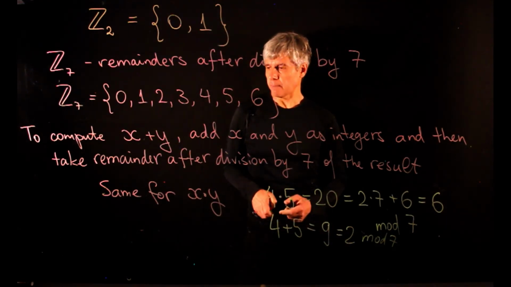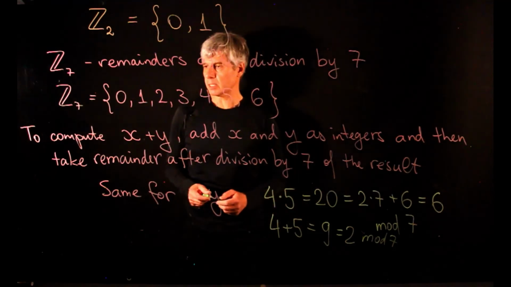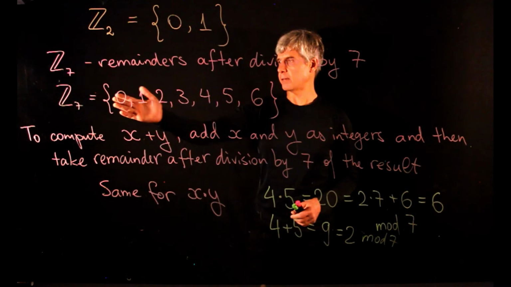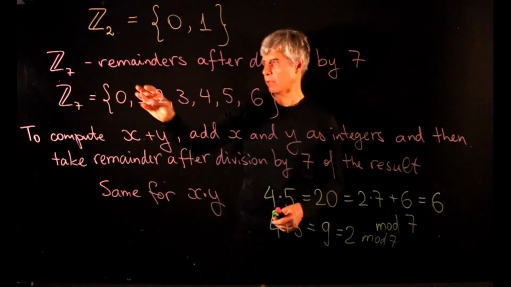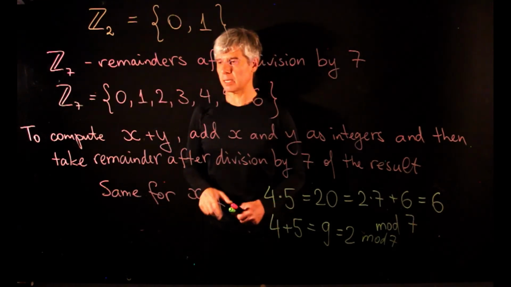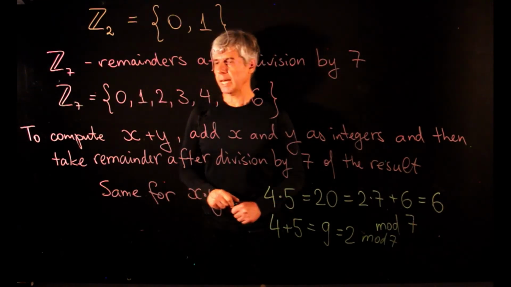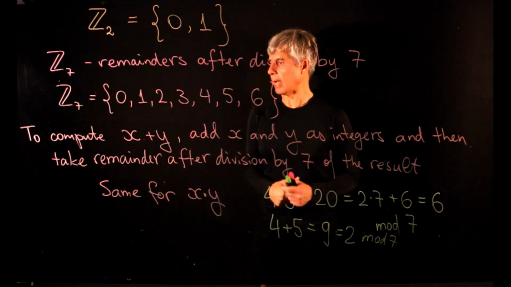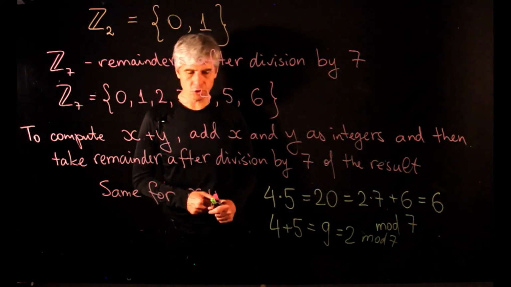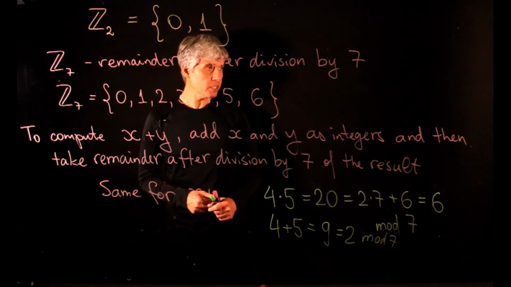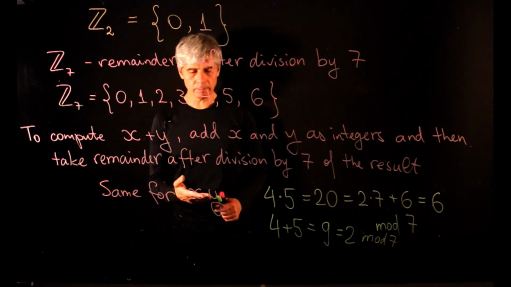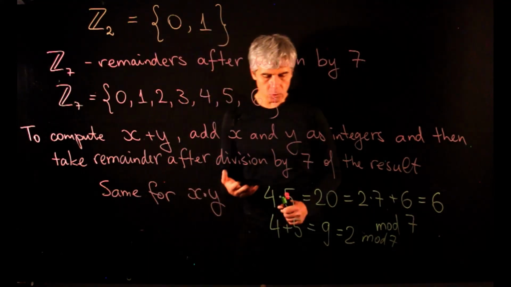Now, the question is, is this a field? Here we have a set with two distinguished elements, 0 and 1, that behave as they are supposed to behave. We have defined operations of addition and multiplication. And the question is, do we have the other unary operations?